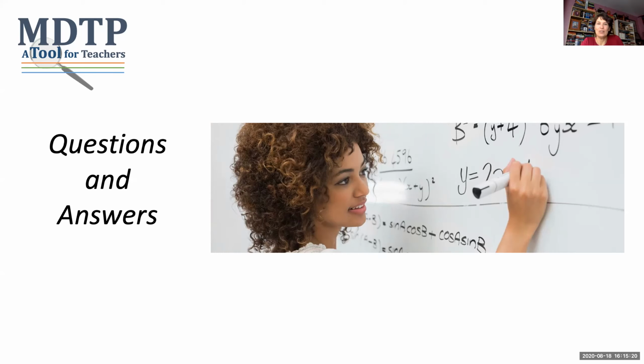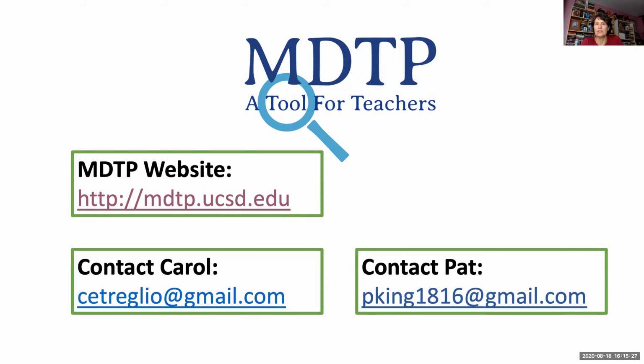Pat, can you go back one slide so that they can see the emails? As she showed, Carol and Pat work out of San Diego and UC Davis. We do have outreach facilitators at each one of our sites that support the entire state. So you might want to go into your regional sites to see who you can find, and the MDTP website shows where you're supported.